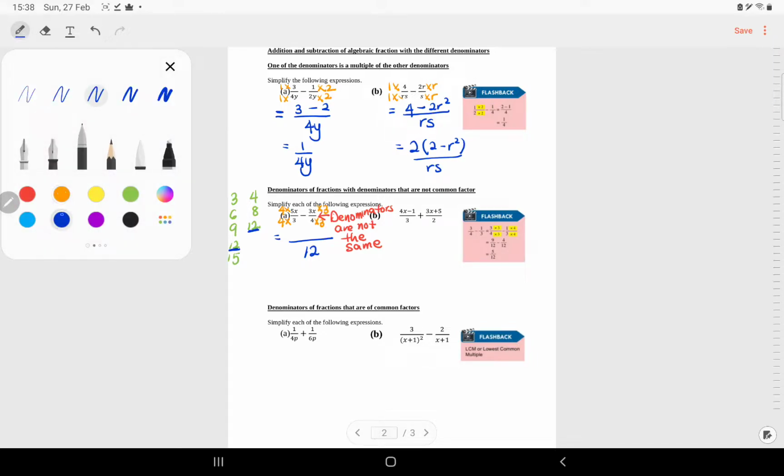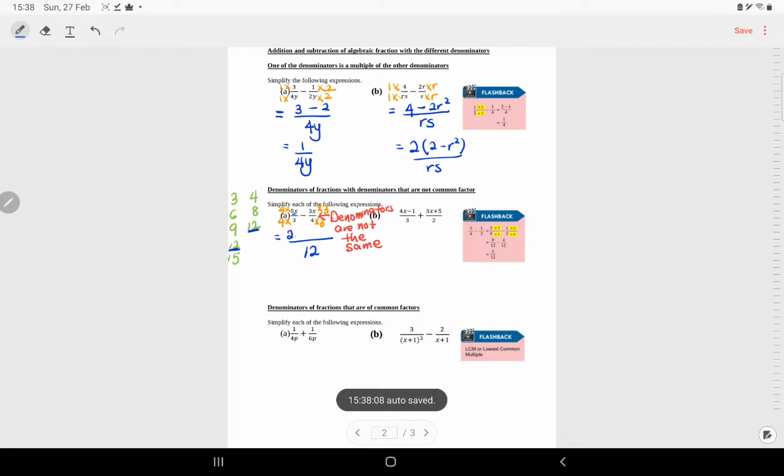So now, what do I get? 4 times 5x is 20x minus 3 times 3x, that would be 9x. So 20x minus 9x is 11x over 12.